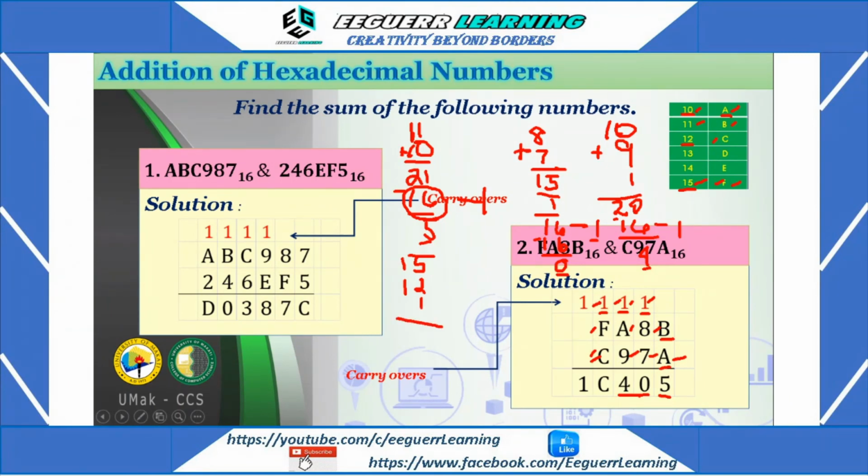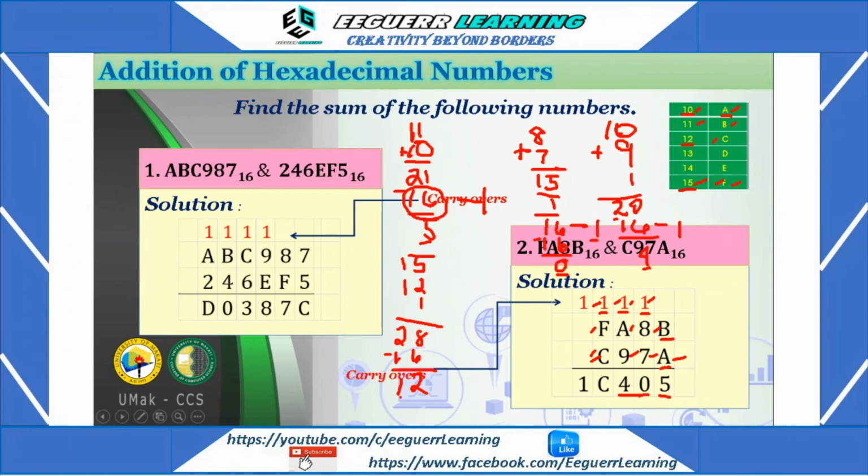So 15 plus 12 plus 1 is 28, minus 16 will give us 12.